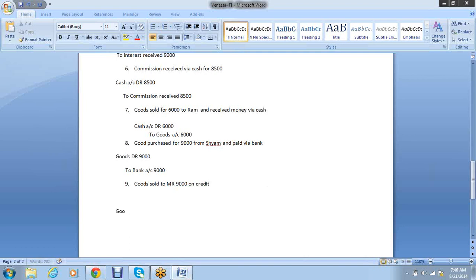So yes, it is a credit. My goods account is credited. Which account will be debited? The credit account will be debited. If I write credit account debit to goods account, how will I know to whom I have given the credit? Okay, Ram. So I have to write Ram.